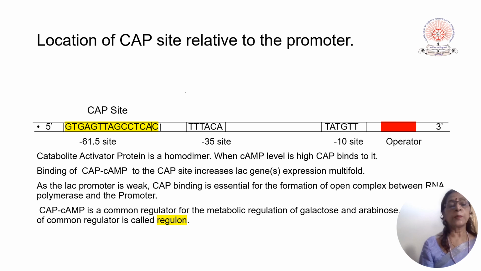CAP cyclic AMP can increase the expression of genes under the control of galactose operon and arabinose operon also. Such type of regulation by a common regulator is seen in E. coli, and this type of complex is called a regulon.